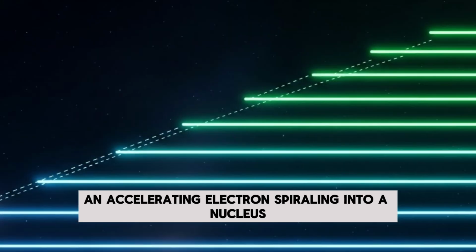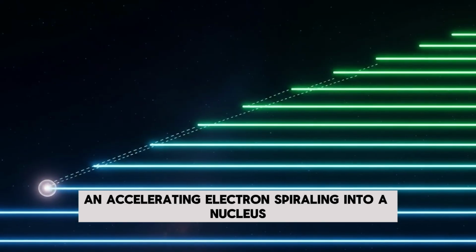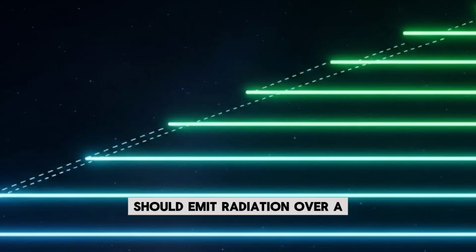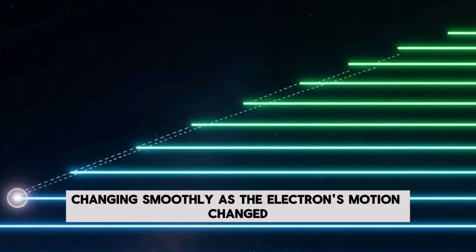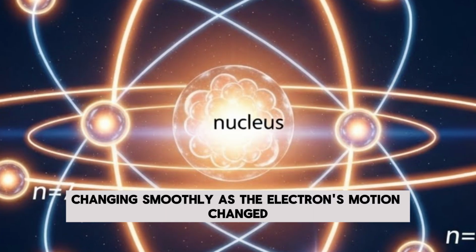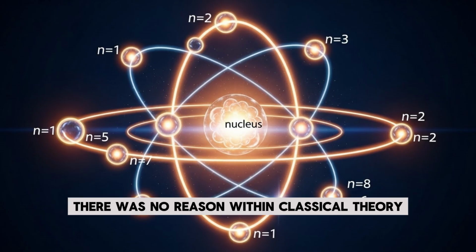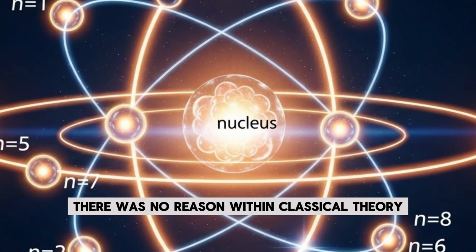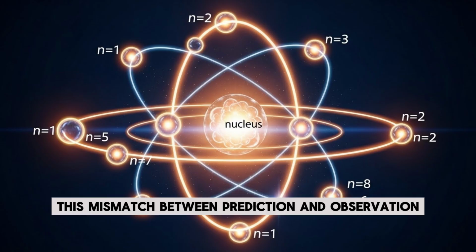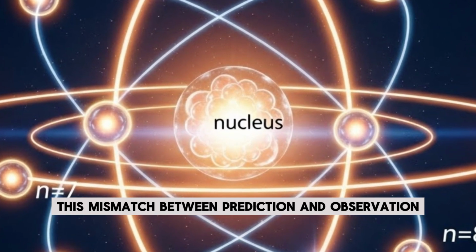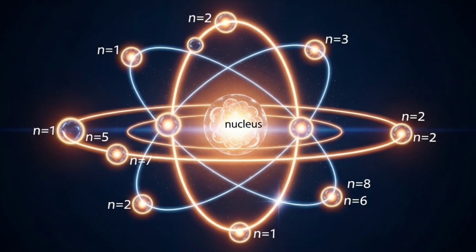An accelerating electron spiraling into a nucleus should emit radiation over a continuous range of frequencies, changing smoothly as the electron's motion changed. There was no reason, within classical theory, for only certain frequencies to appear. This mismatch between prediction and observation was devastating.